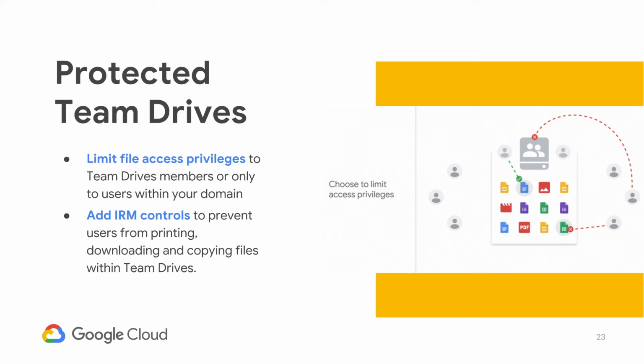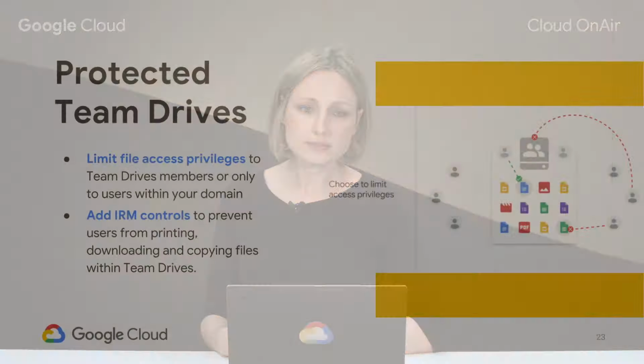And it gives you very granular controls. You can define different rules for teams, for example, that the sales team is not allowed to share certain types of files with an external domain.